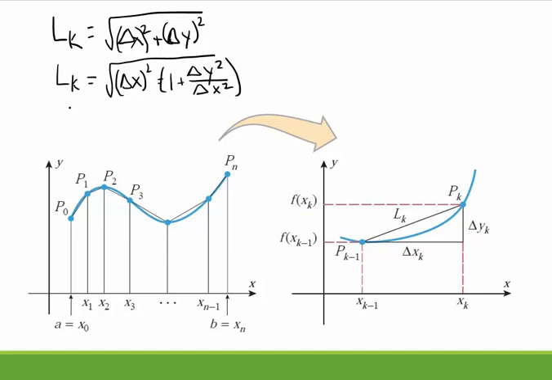And then simplifying that a little bit more, the square root of delta x squared is delta x outside. And then inside we have the square root of 1 plus (delta y over delta x) squared.